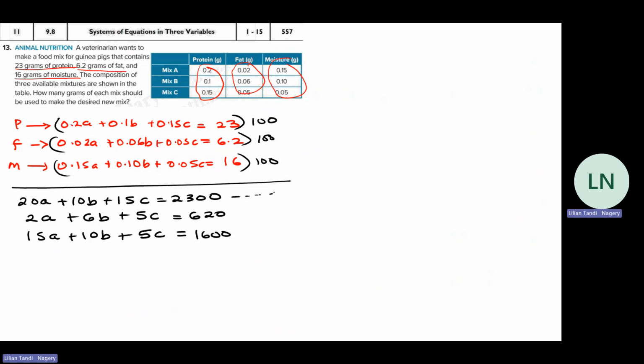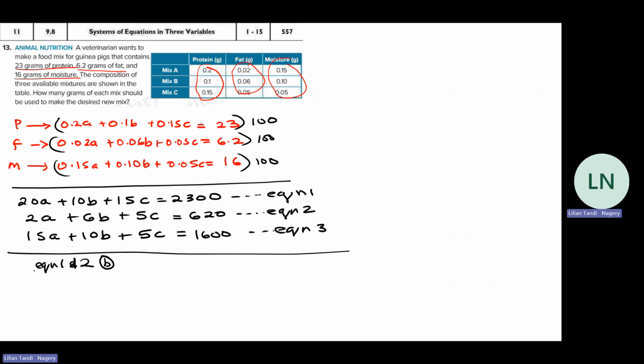Now, equation 1, equation 2, equation 3. Okay? Then I'm going to do, no, I don't have space. Okay. I'm going to do here equation 1 and 2, and I'm going to eliminate b.